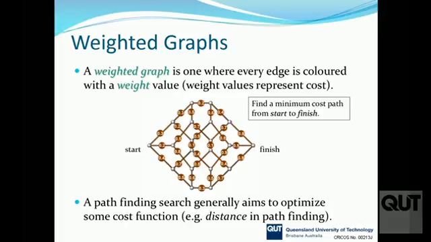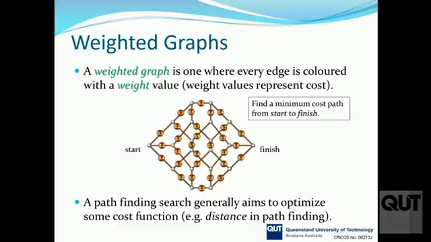Just as a heads up too, when I talk about pathfinding here, this is very characteristic of what we do all across AI when we're doing searching. We're always trying to optimize some cost function in doing the search. So it's not just applied to pathfinding, it's applied to all sorts of things. It's applied to planning, it's applied to game tree searching for board games.